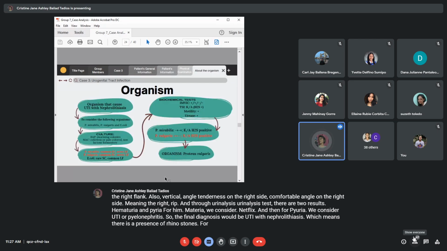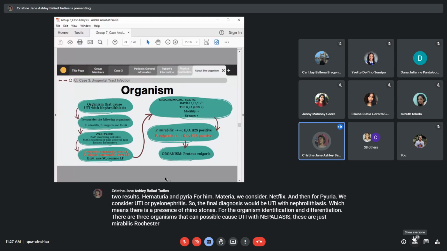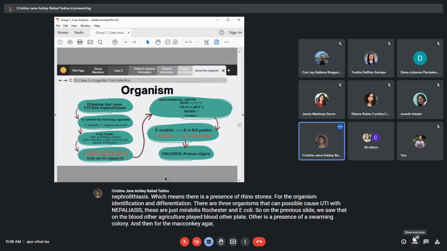For the organism identification and differentiation, there are three organisms that can possibly cause UTI with nephrolithiasis: Proteus mirabilis, Proteus vulgaris, and E. coli. On the previous slide, we saw that on the blood agar plate there is a swarming colony, and on the MacConkey agar the colonies were colorless, indicating that they are non-lactose fermenters.